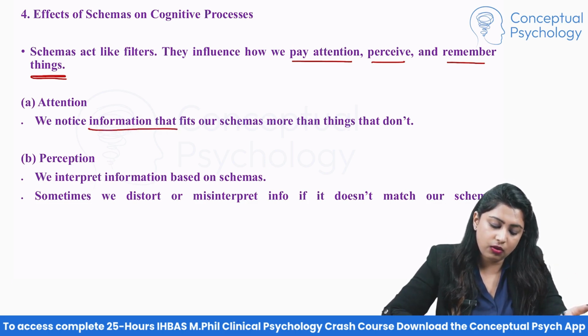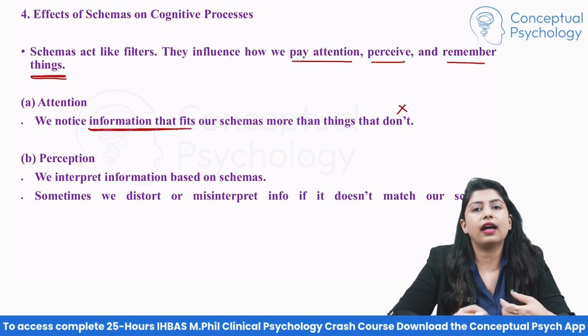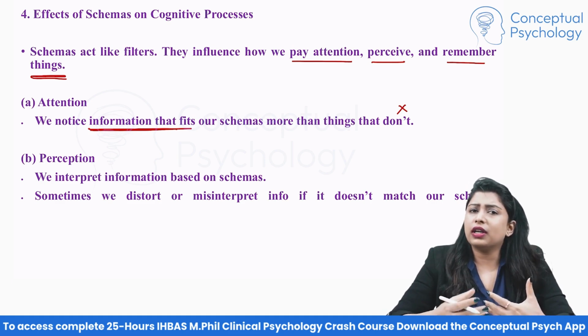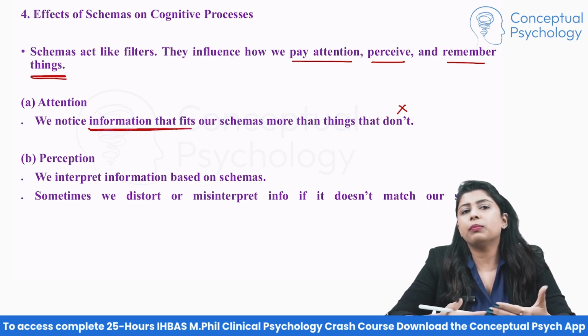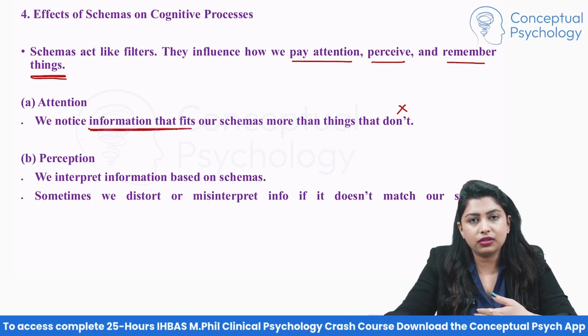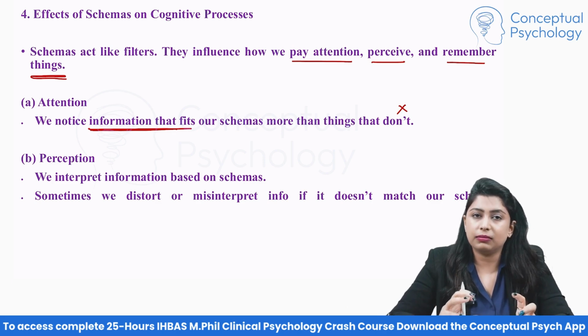So you would often notice information that fits the schemas and you would not notice the information that doesn't fit your schemas. So a cricket fan at a match would pay more attention to the players' strategies than to the crowd's clothes, right? So that's how we attend to the schemas.